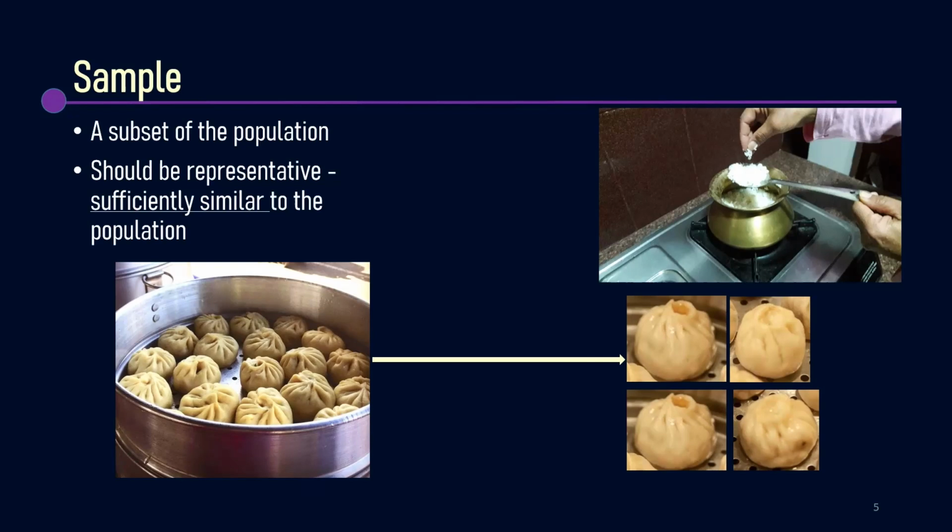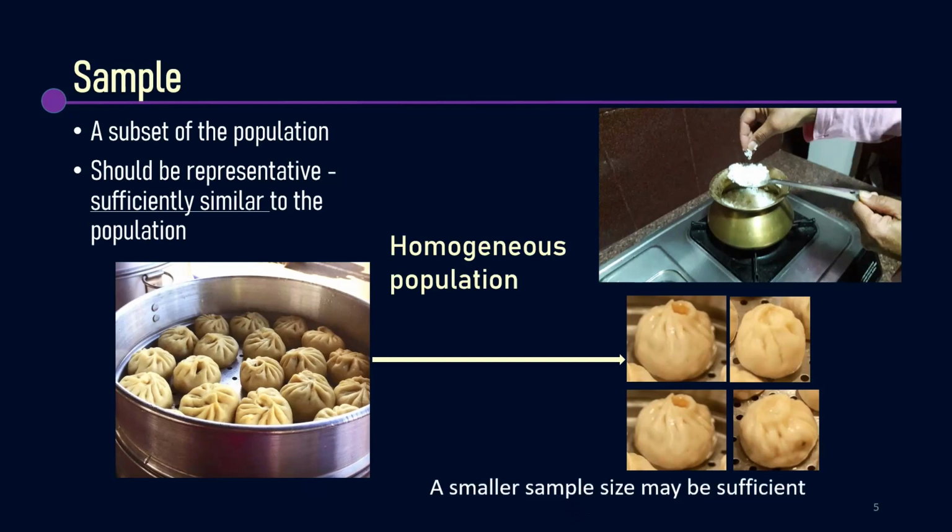If you notice in these two examples, the population is quite homogeneous. The lady has also fluffed the rice with the spatula, and in this pot also the momo looks quite homogeneous. So in such a situation, if you take a smaller sample size, that may be sufficient to represent the entire population.